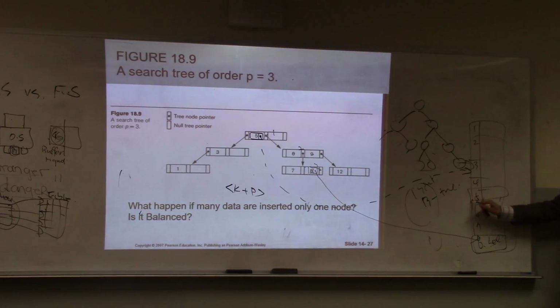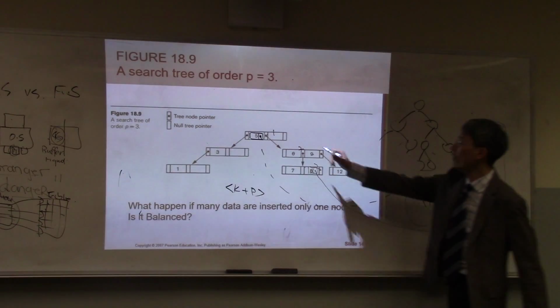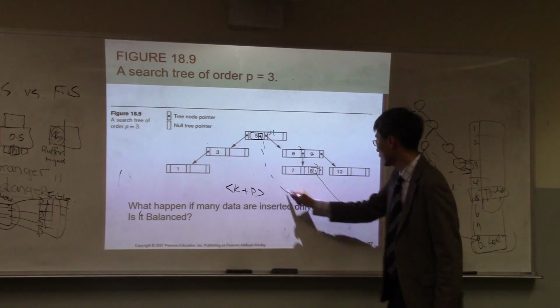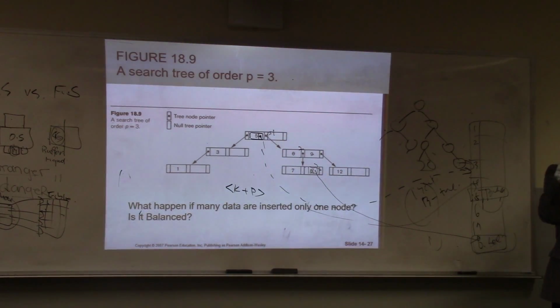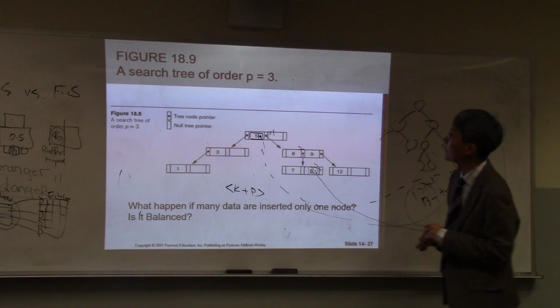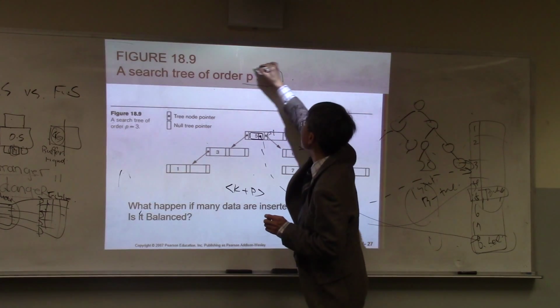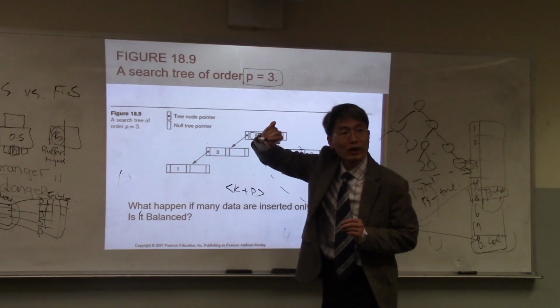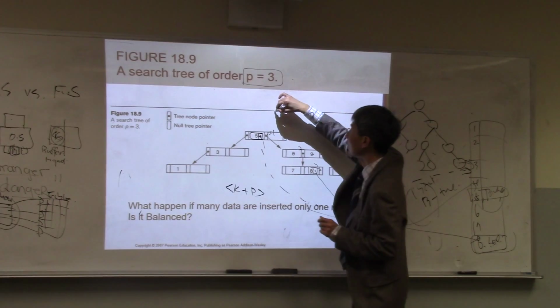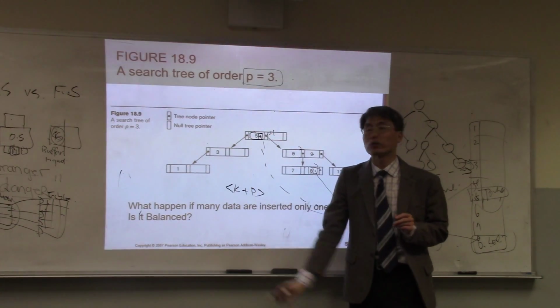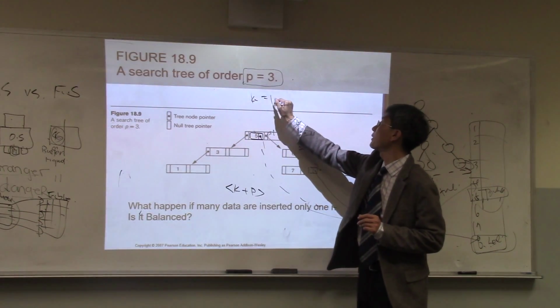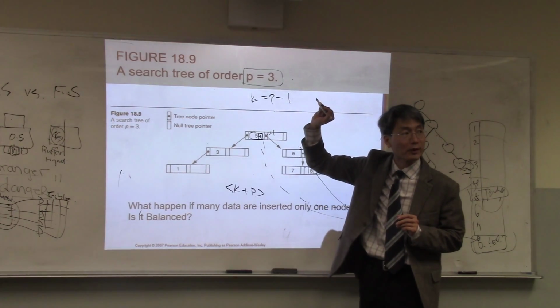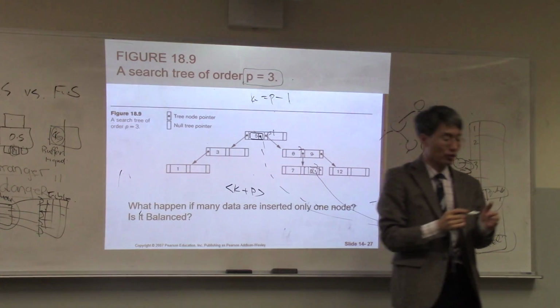To access this one using the index, 1, then using this pointer, 5, 2. Always plus 1. So that is a search tree. Order P means the number of pointers, and the number of key entries is P minus 1. So this is the search tree.